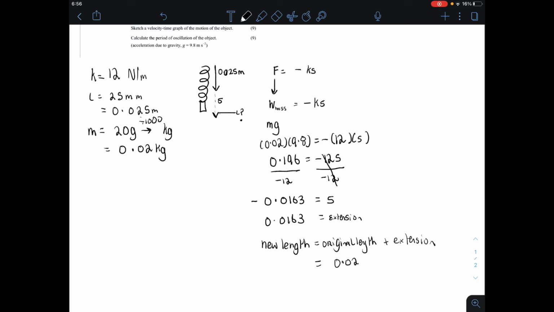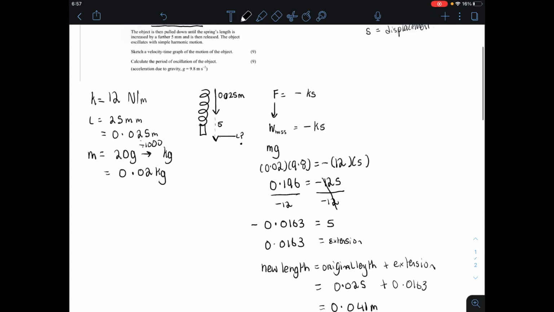This gives us 0.025 plus 0.0163. Adding these together, our length is equal to 0.041 meters, rounding to two significant figures.